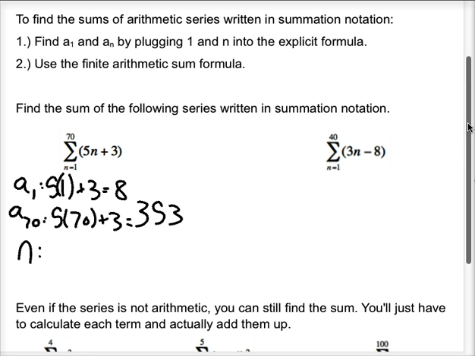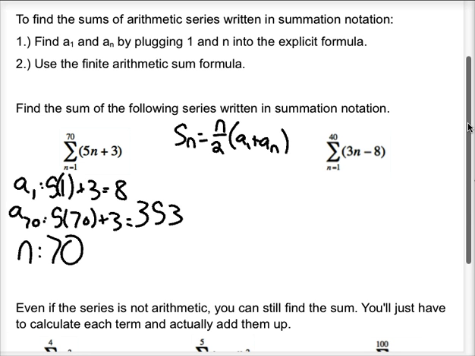Then in this case, how many terms are there? Well, 1 up to 70, that's going to be 70 terms. So that's pretty easy to find. So now, isn't this all that I need to use that summation formula, so that Sn is n over 2 times a1 plus an.